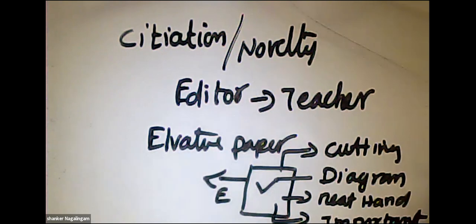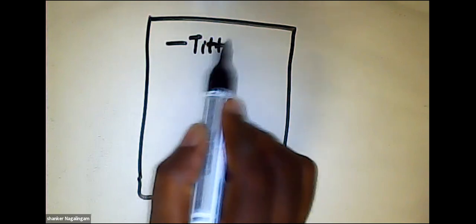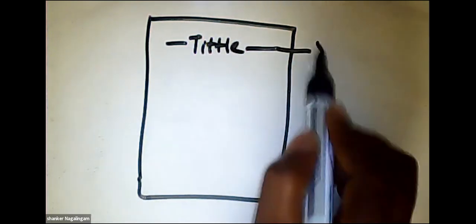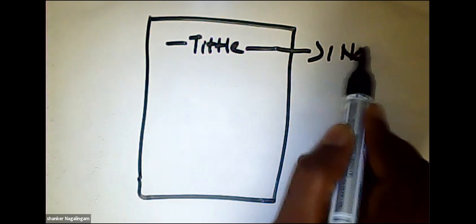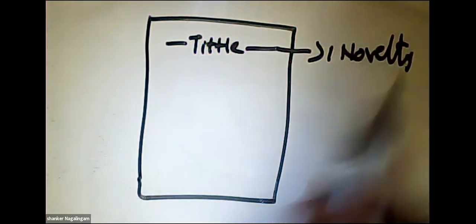So when you take any paper, how will the editor see the paper? Similarly, how a teacher will see a paper, the same way the editor will see the paper, and that way is the title. The title should reflect the novelty. Novelty is very important. Novelty, something new.